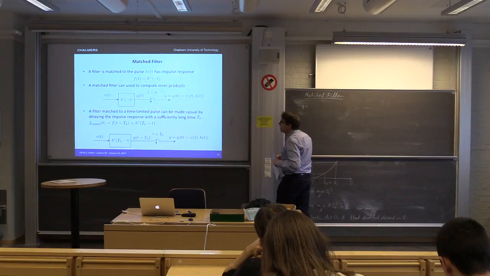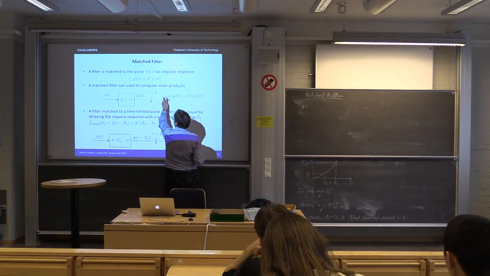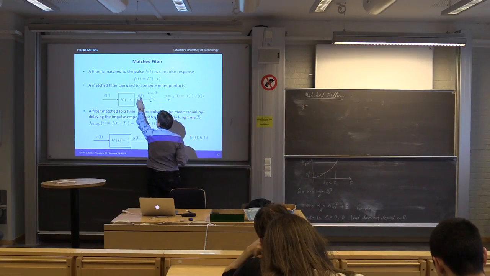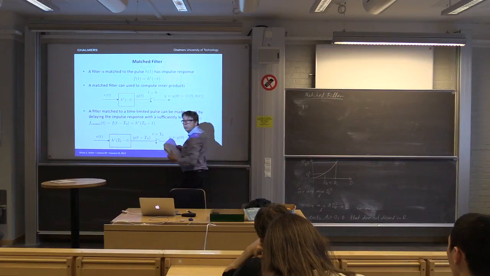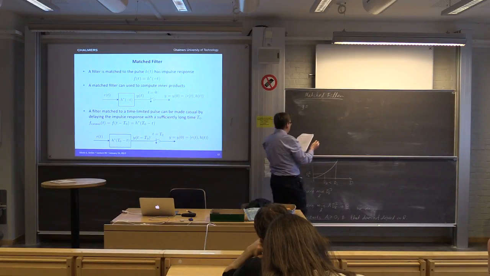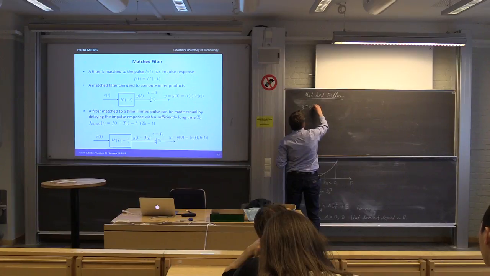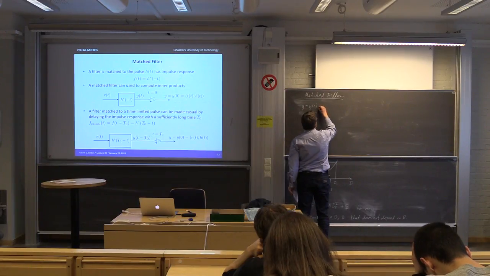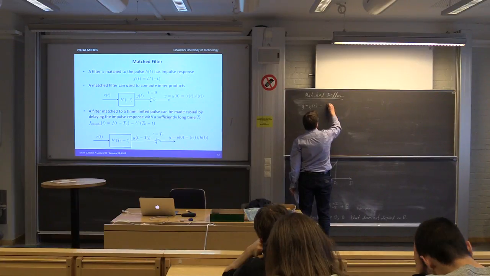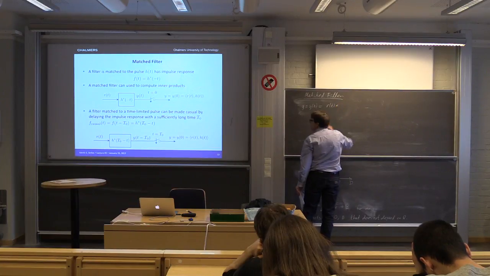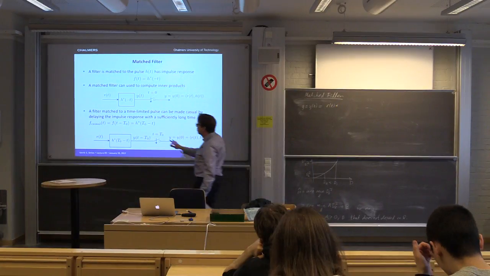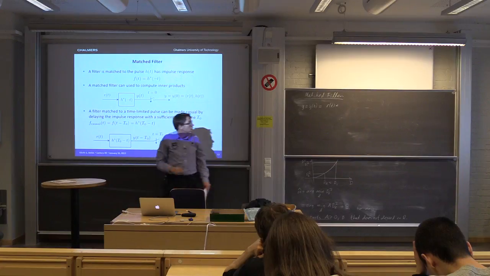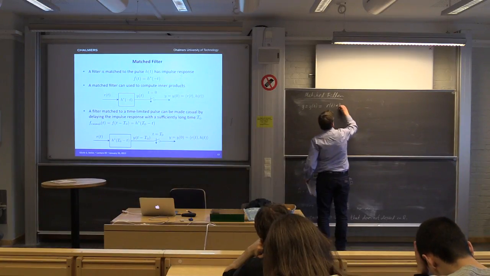So y, this number, is y of t when t is equal to 0. So this is y of 0. And what is y? y of t is simply r convolved with the impulse response of the filter, which is h conjugate of negative t.